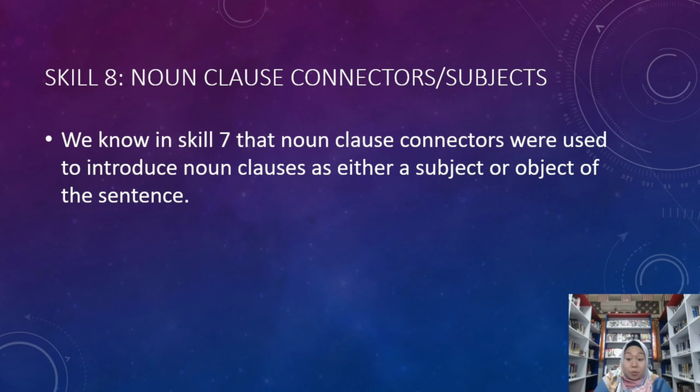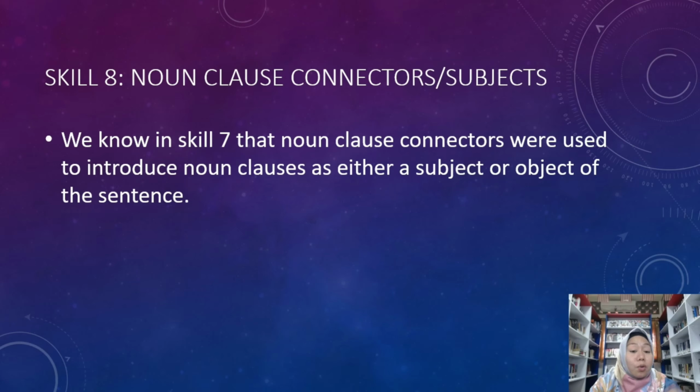And now we move to skill 8. Skill 8 is noun clause connectors/subjects. It means that noun clause connectors can also function as the subject of the clause at the same time.